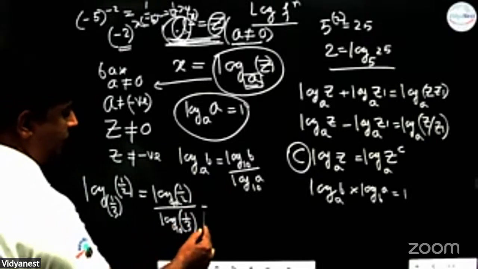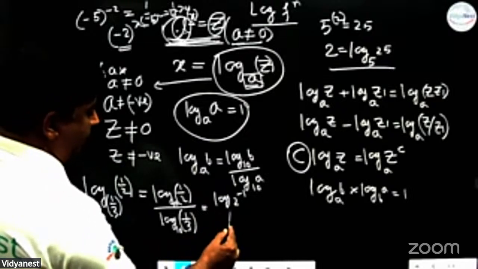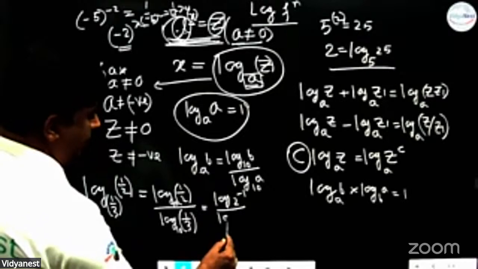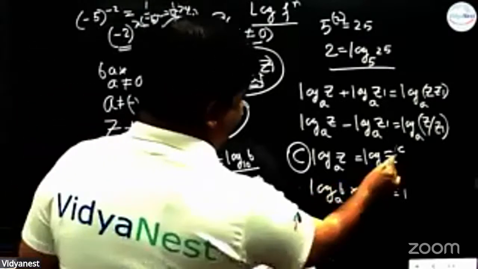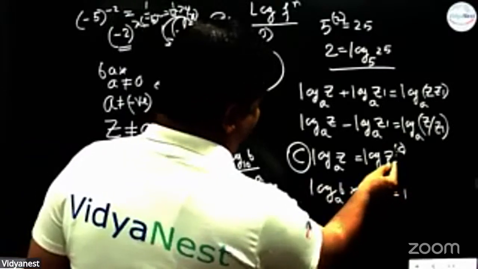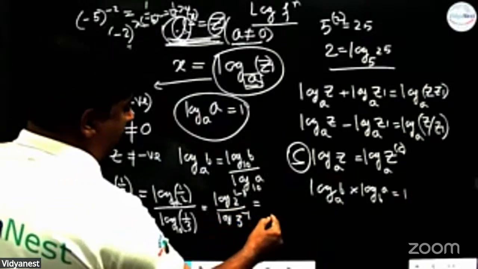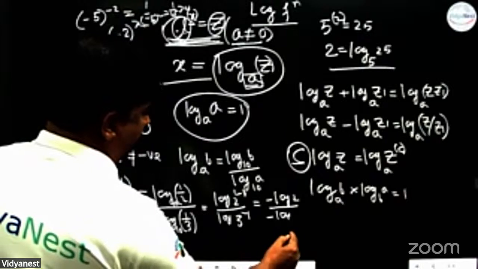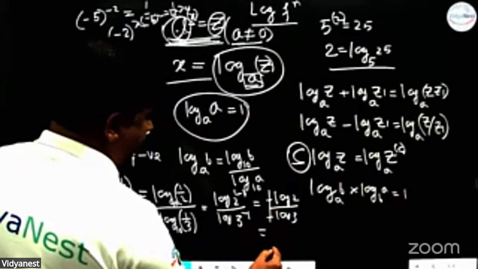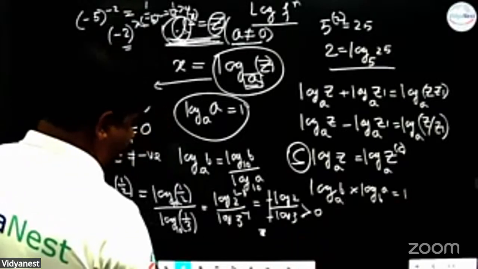If you wish, you can write here log 2 to the power minus 1 by log 3 to the power minus 1. According to this rule, whatever be the power of exponent, it will be brought out. This minus 1 will be brought out, here also this will be brought out. Cancel. Whatever you have got, that is greater than 0.